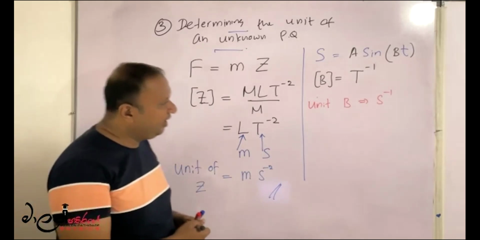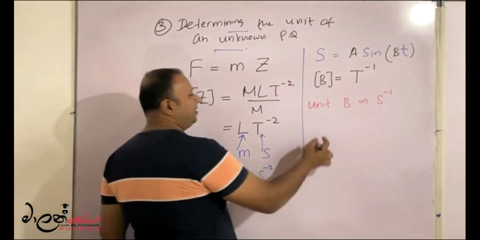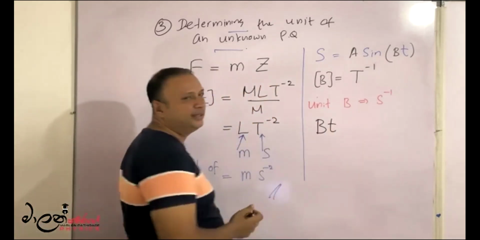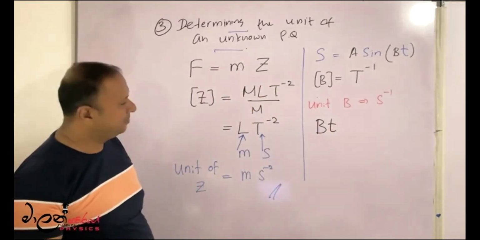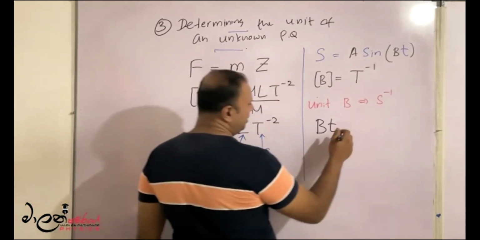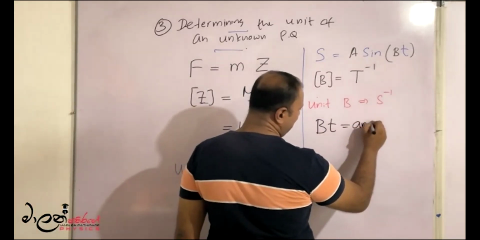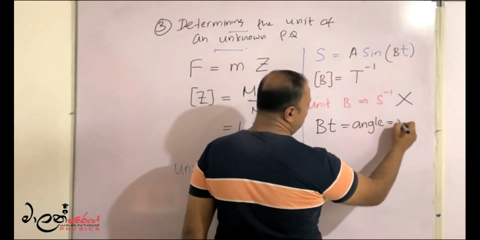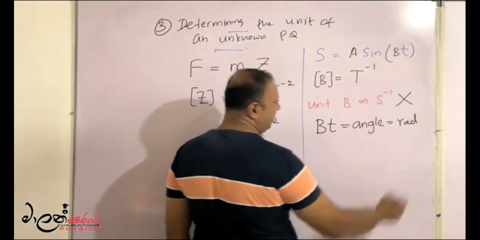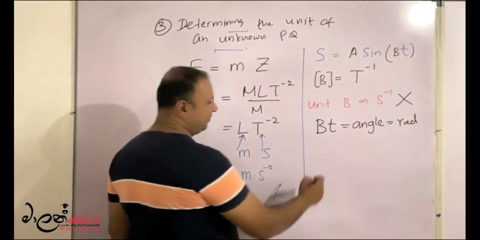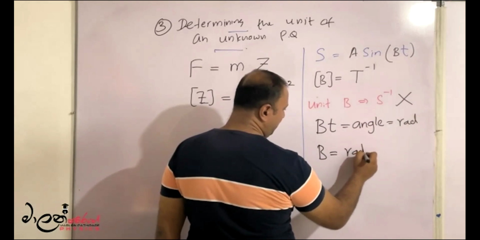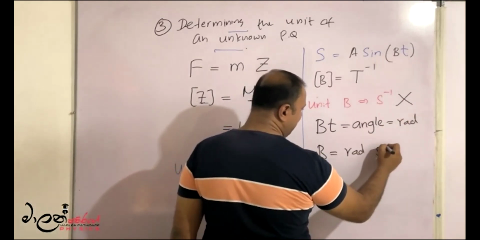Therefore, if there is an angle, you can simply apply the units of the others. The angle is measured in radians. Therefore B is radian per second.